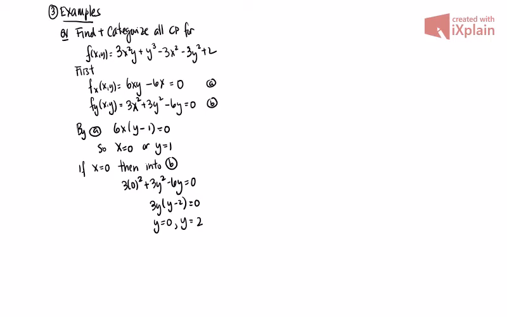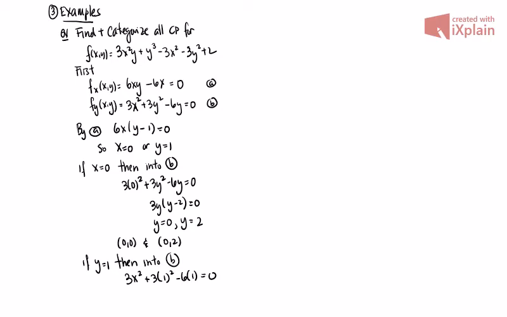So what we get out of this possibility is two solutions, (0, 0) and (0, 2). Then we look at the possibility that y is 1. Put that into B. We get 3x squared plus 3 times 1 squared minus 6 times 1 equals 0.